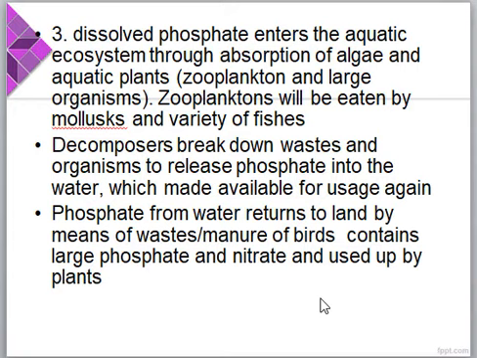And later on, it will be used up again by the plants. And that is actually the normal cycle of phosphate in the environment. It usually occurs in land and at the same time in water, but not in the atmosphere, because phosphorus does not have a gaseous state.